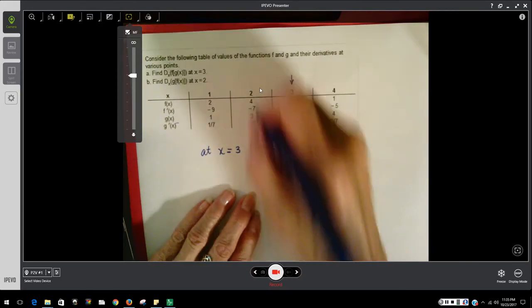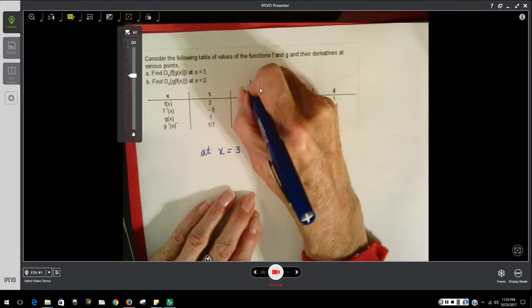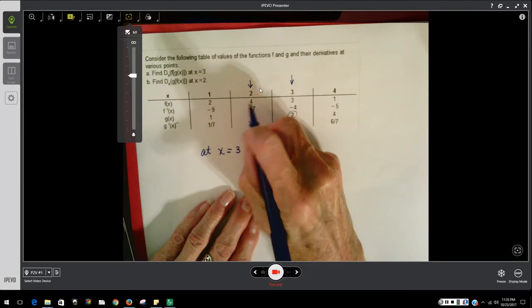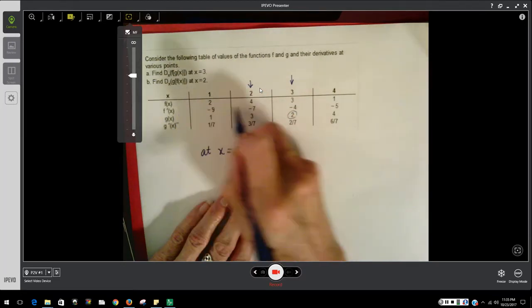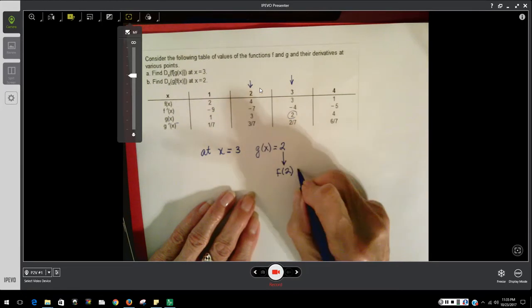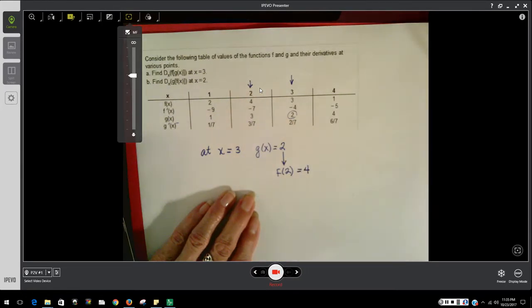So that means we'll go to the 2 and find the value of the function f of x when x is equal to 2 and find that it's equal to 4.